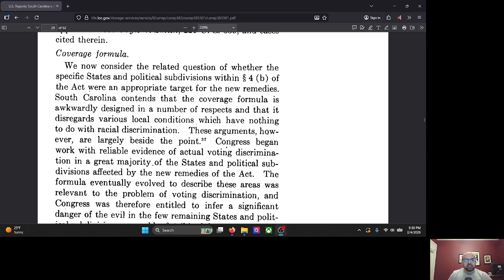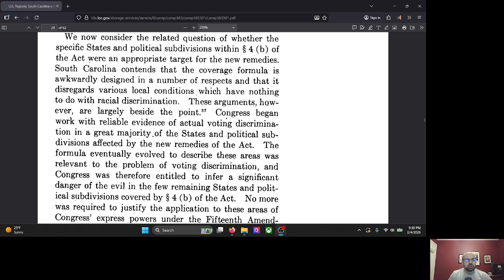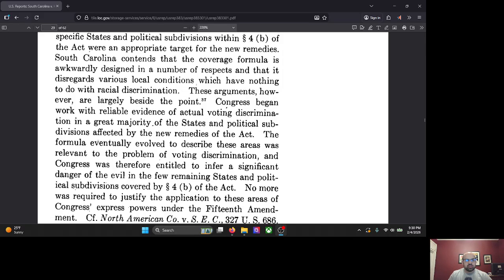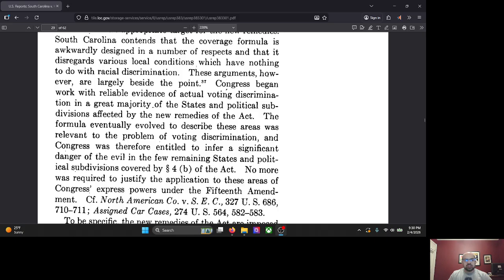South Carolina contends that the coverage formula is awkwardly designed in a number of respects and that it disregards various local conditions which have nothing to do with racial discrimination. These arguments, however, are largely beside the point. Congress began work with reliable evidence of actual voting discrimination in a great majority of the states and political subdivisions affected by the new remedies of the Act.